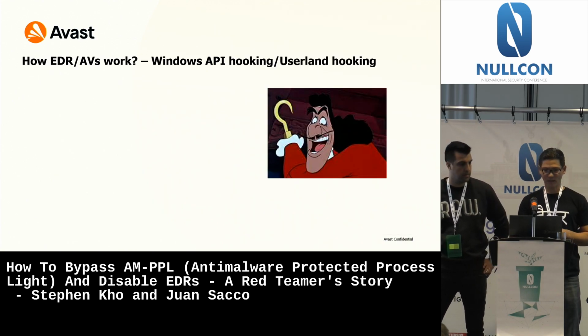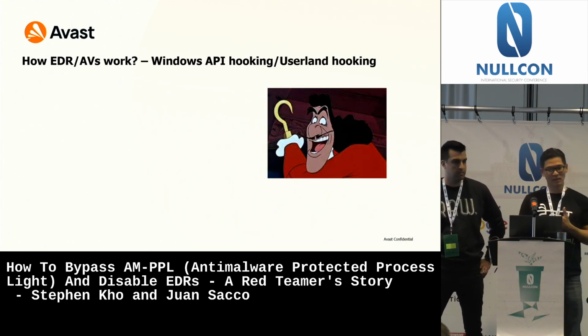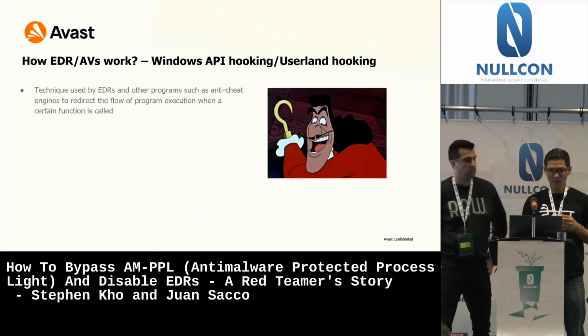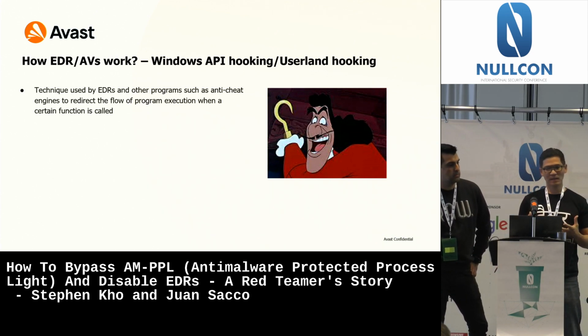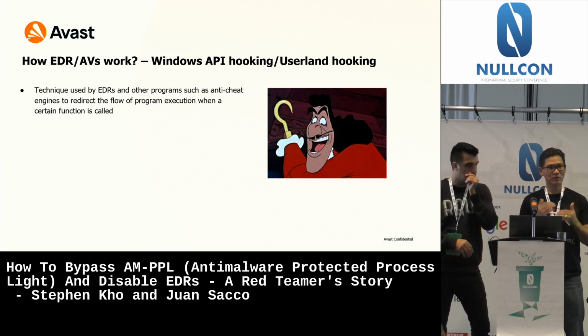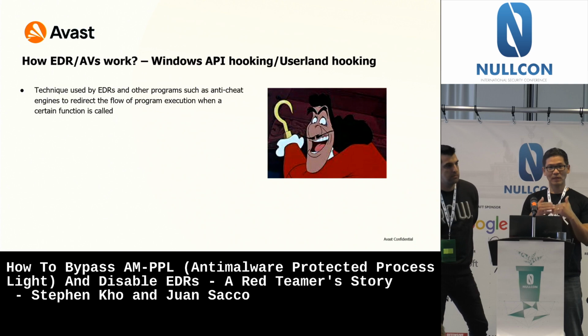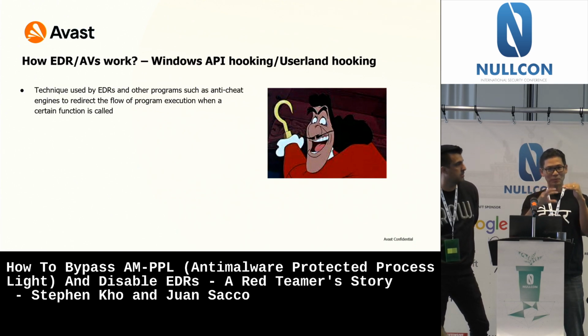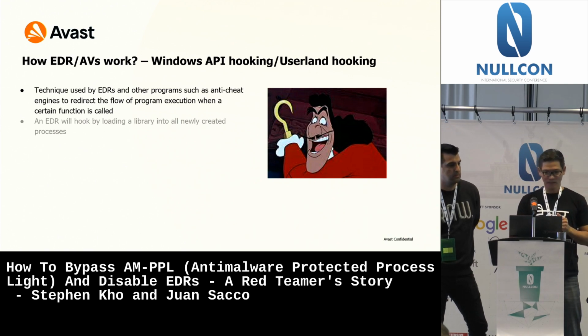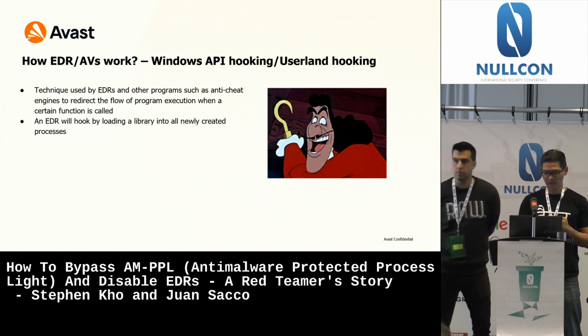Right. With that in mind, what is user land hooking? User land hooking is the technique used by EDRs and other anti-cheat engines to redirect the flow, and to be able to inspect and jump into that process that we just saw, right? So it's really about injecting a library, hooking to a library for all processes that you fire up.